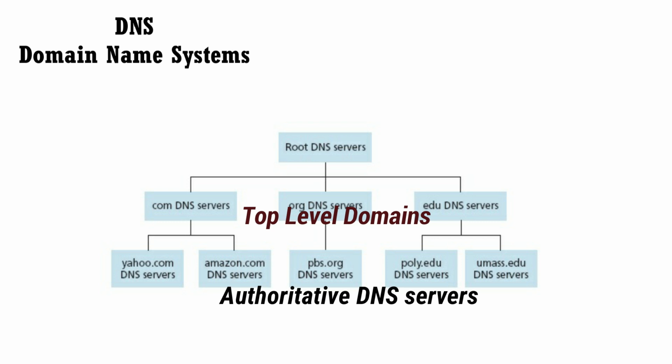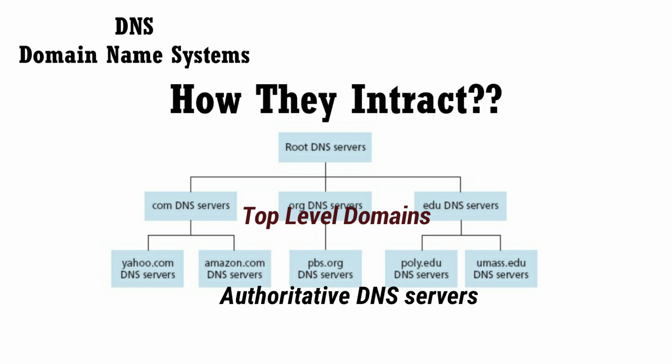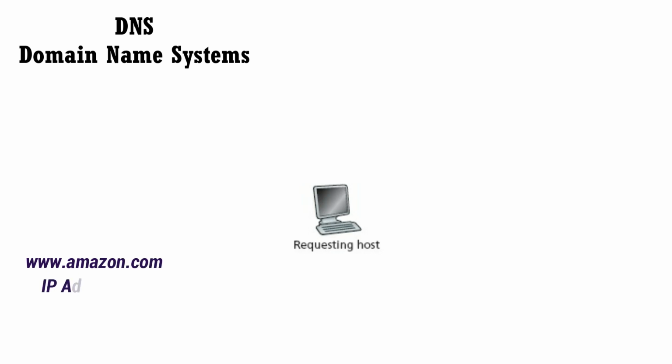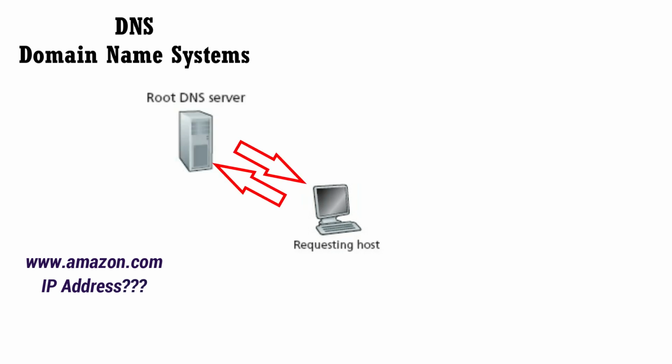To understand how these three classes of servers interact, suppose a DNS client wants to determine the IP address for the host name www.amazon.com. The following events will take place. The client first contacts one of the root DNS servers, which returns the IP addresses of the top level domain servers for the top level domain .com.